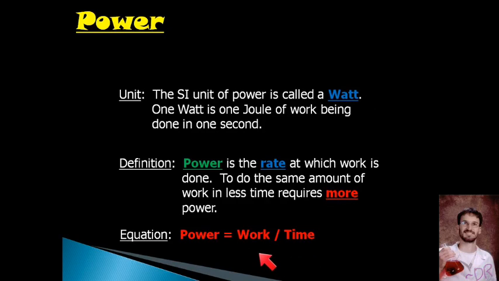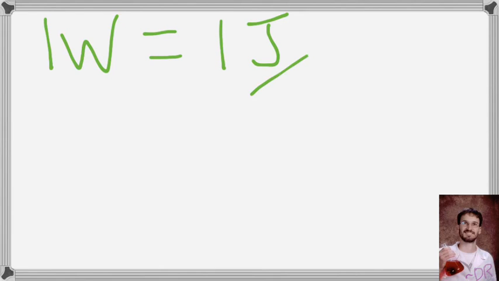That means a watt is 1 joule divided by 1 second. So if we pull out our whiteboard here again, 1 watt is equal to 1 joule divided by 1 second.